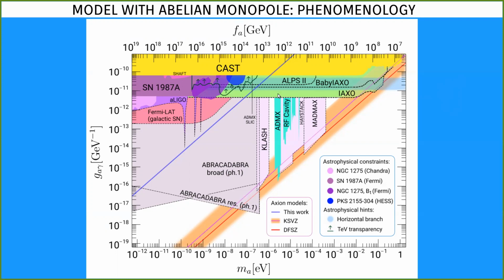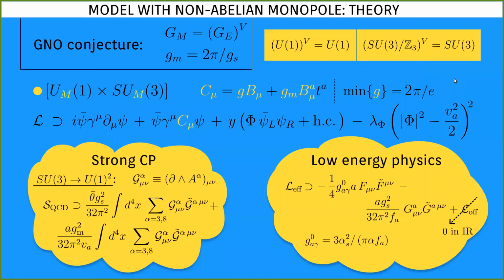So now let us go further and discuss even more symmetric settings. We had a magnetically charged quark, but why not have a magnetically charged magnetic quark?